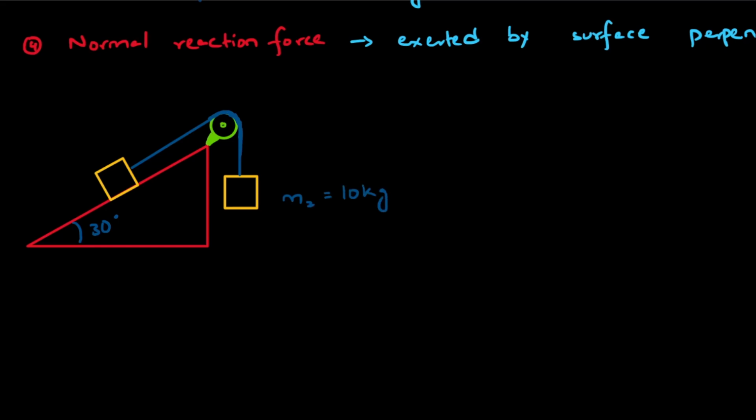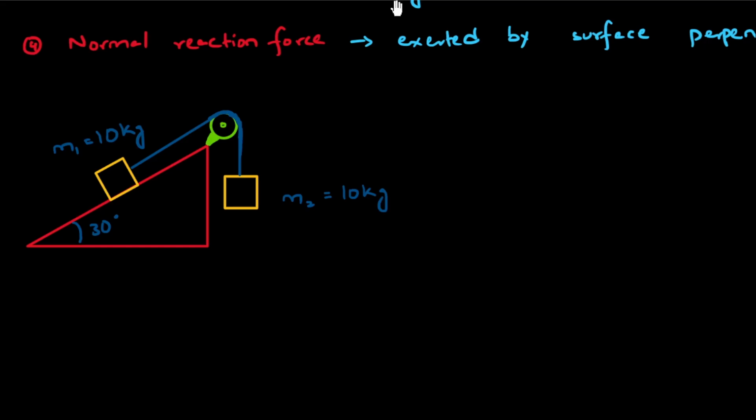So m2 is 10 kilograms and m1 is 10 kilograms as well. The incline is 30 degrees, and the masses of the two objects are 10 kilograms each. Now let's take a look at how you can draw the free body diagram here.